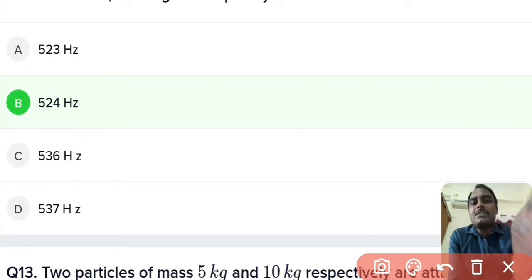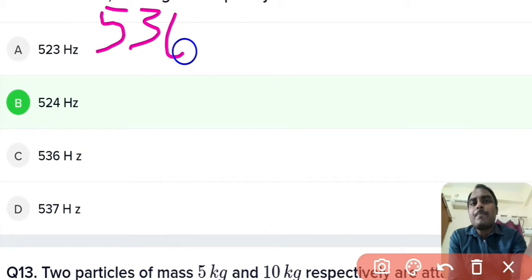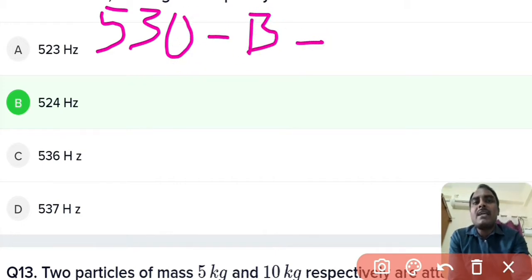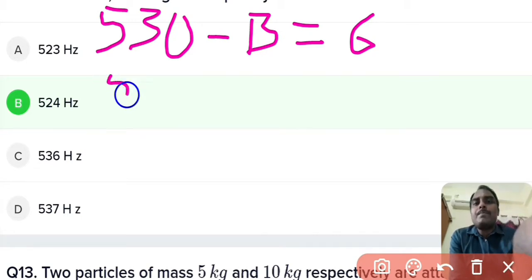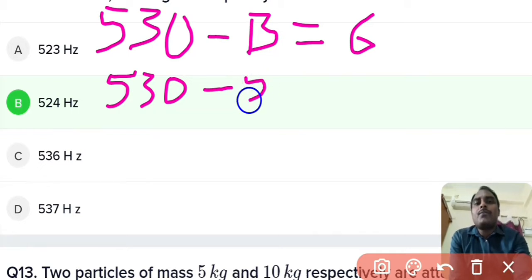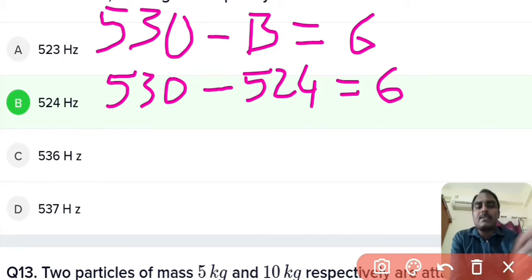So if 530, the frequency of A, is greater than the frequency of B, then 530 minus B equal to 6. Then what is the value of B? 530 minus B should be 6, so B should be 524.